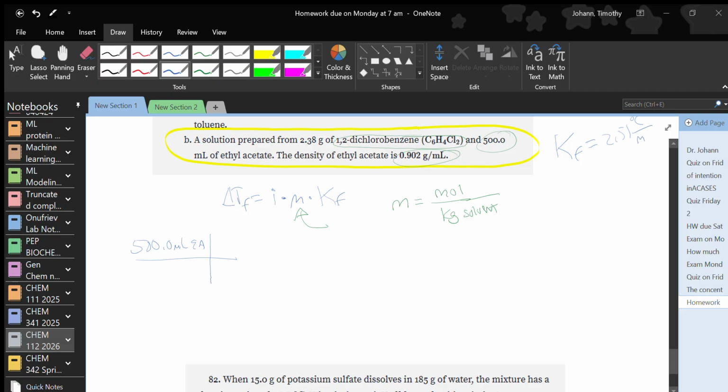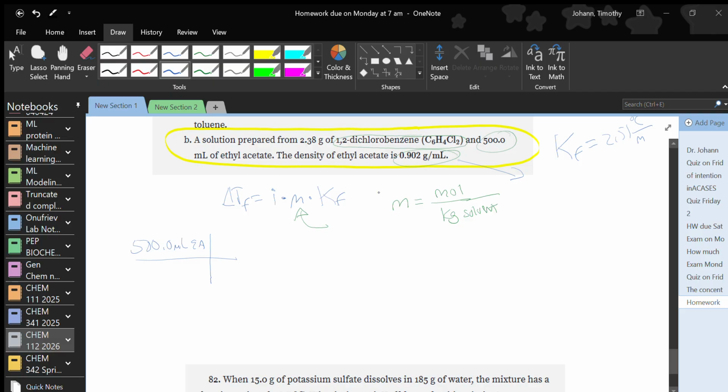And how do I use the density? I'm going to use the density as a conversion factor here to get from milliliters to grams. What goes on the bottom? Milliliters. How many milliliters? 1, yeah.